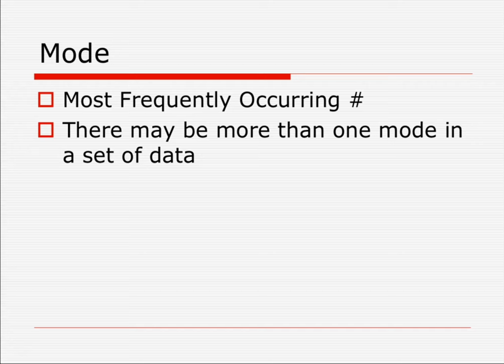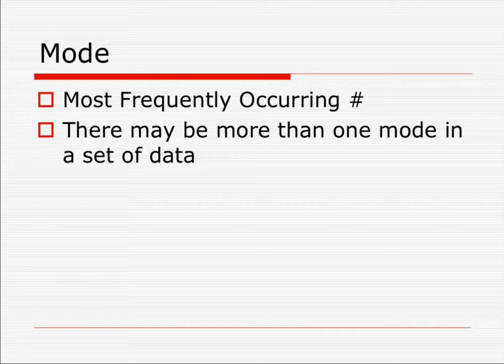If I had a set of numbers and 2 numbers appeared the same number of times, maybe I have a set of data, 1 through 5, and data point 1 is 22, data point 2 is 23, data point 3 is also 22, data point 4 is 19, and data point 5 is also 19. I've listed 22 twice and 19 twice. In that situation, 22 and 19 are both the mode.